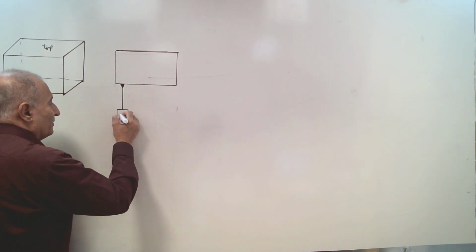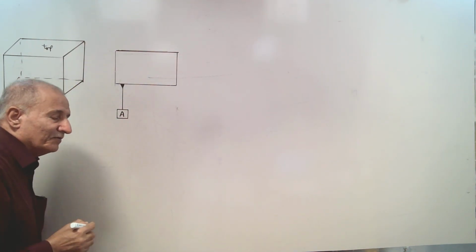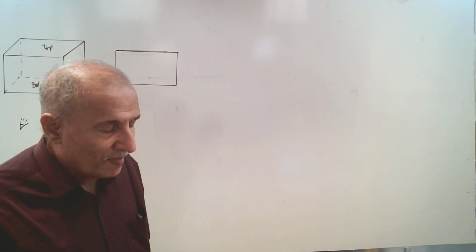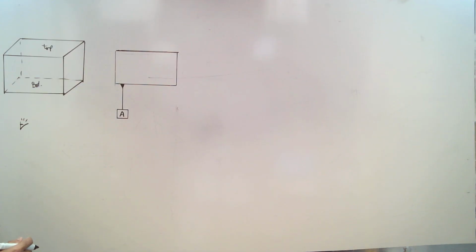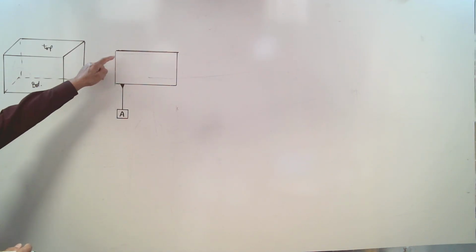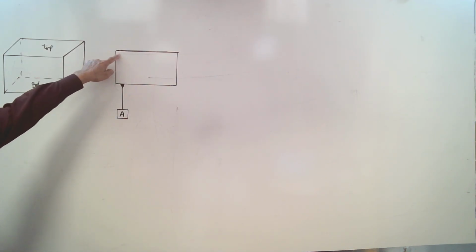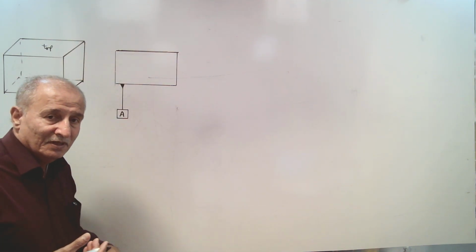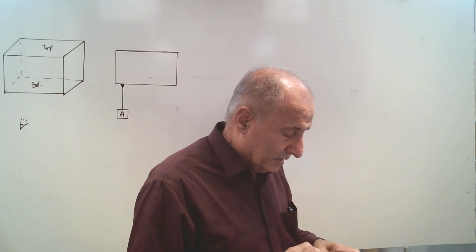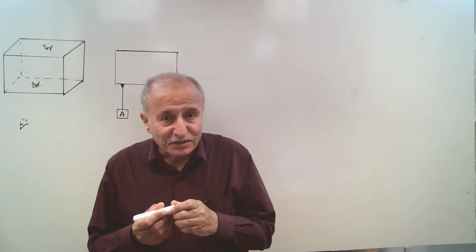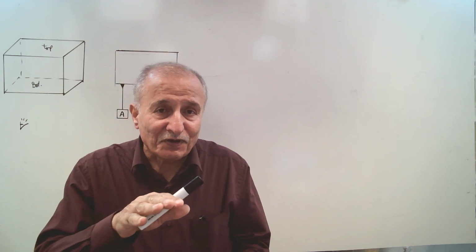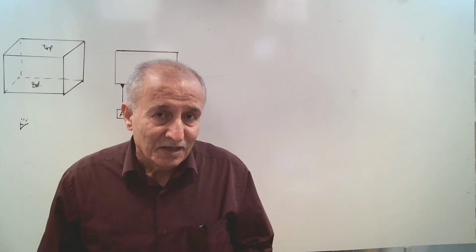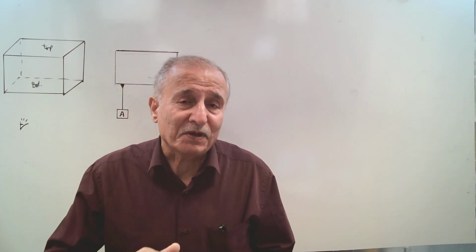We call it, for example, datum A. A datum can have a name from A to Z, except a few letters that cannot be chosen. And I want to specify that the top surface is parallel to the bottom surface. And I know as a designer that in a production process it is not possible to make perfectly parallel surfaces.